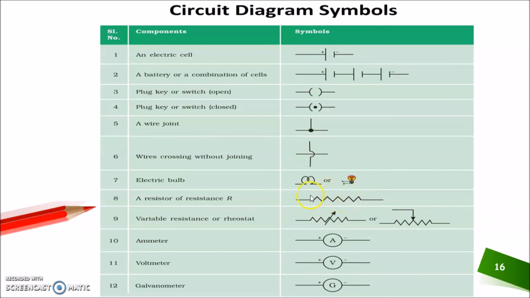This is resistance. This is basically the fixed value resistance or resistor, and this is the variable resistance or rheostat in which the value can be changed.